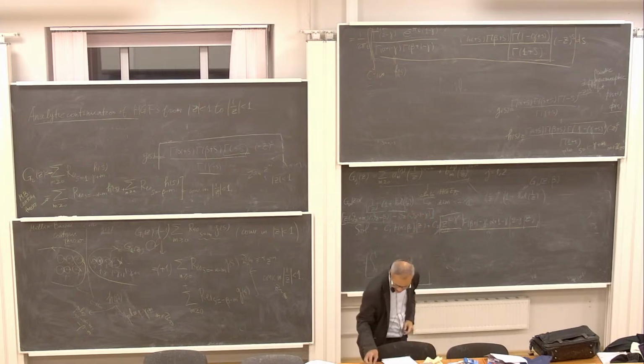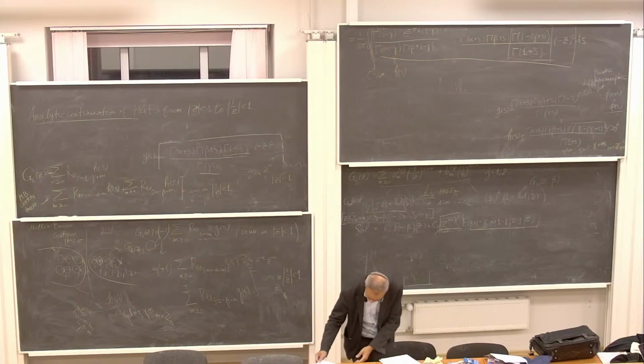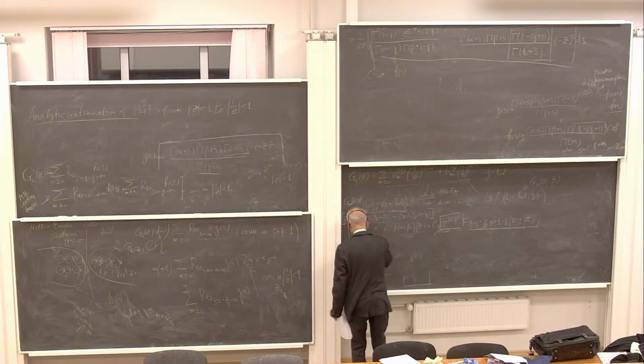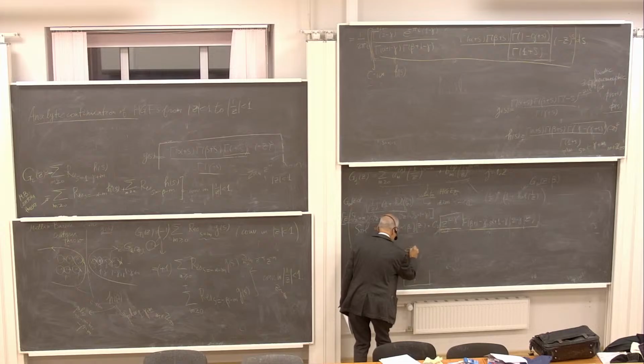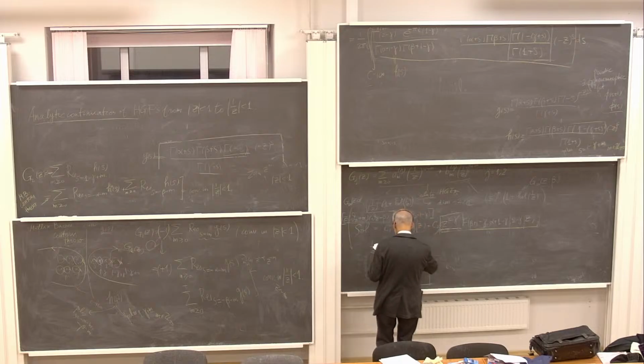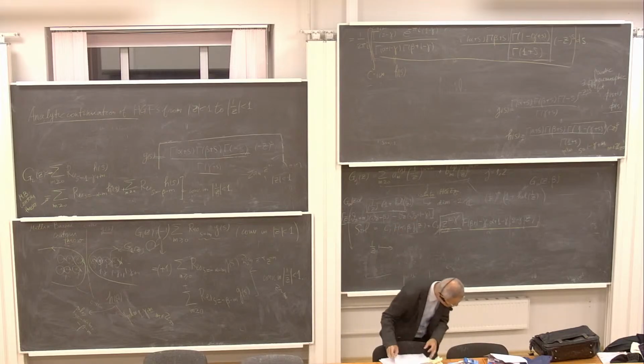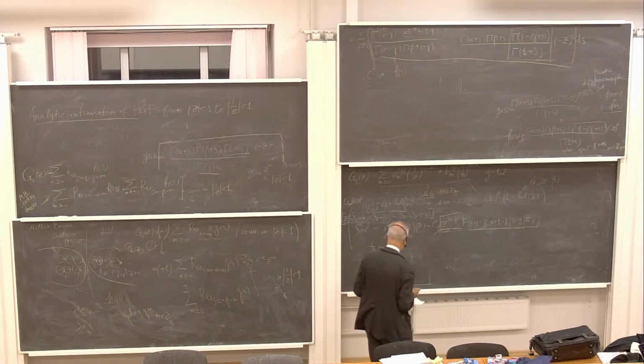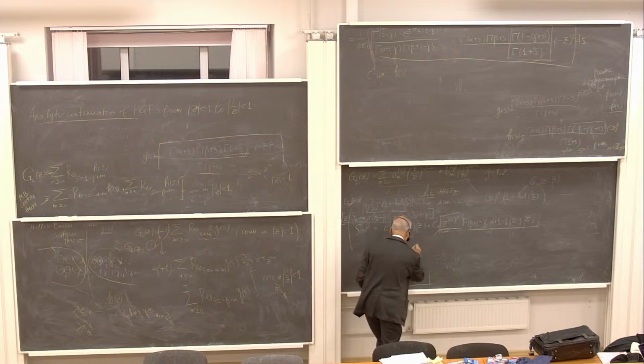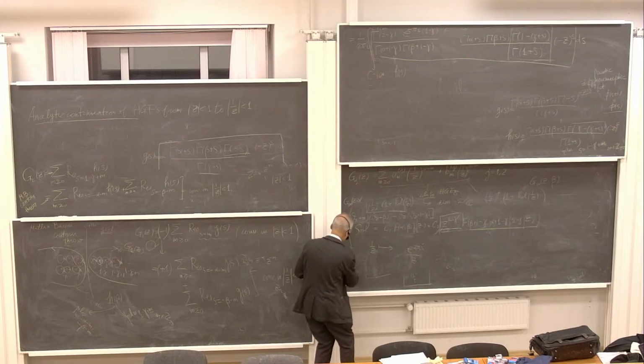If alpha, beta... how do I regularize? Yes, I regularize in this manner: 1 over z goes to e to the 2 pi i times 1 over z. 1 over z I consider as a new variable, 1 over w.